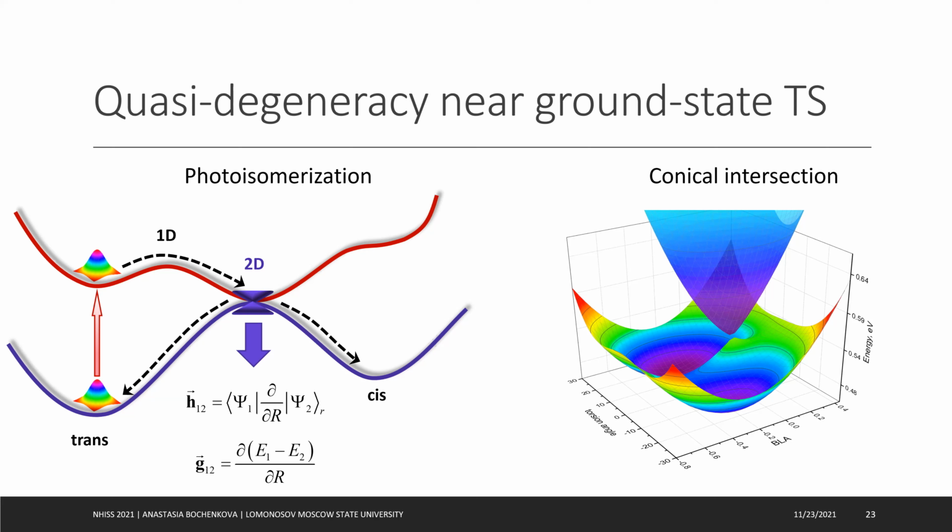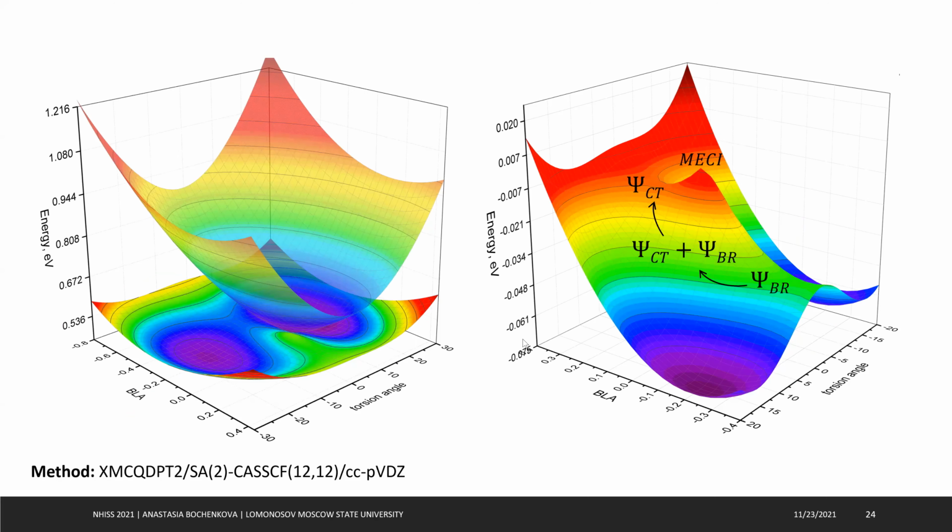And it might well be the case, because we know that the environment can influence the isomerization. So why not for the ground state isomerization? But then, on the other hand, from the theoretical point of view, we would like to reproduce this value in our calculations. So we try to locate the barrier in the ground state, again using our XMCQ-DPT theory, and we follow these steps to find the transition states.